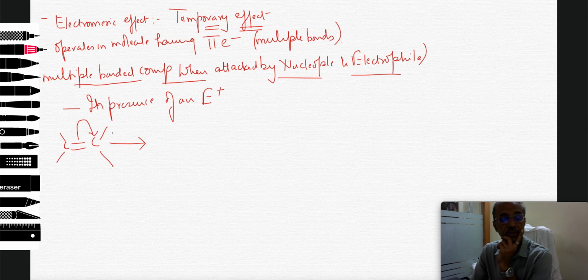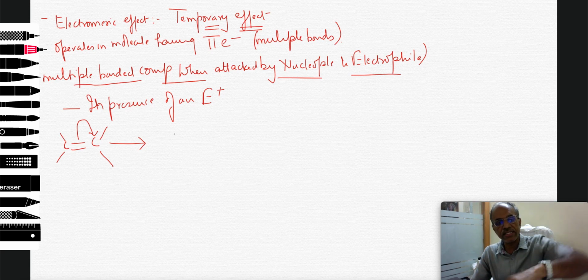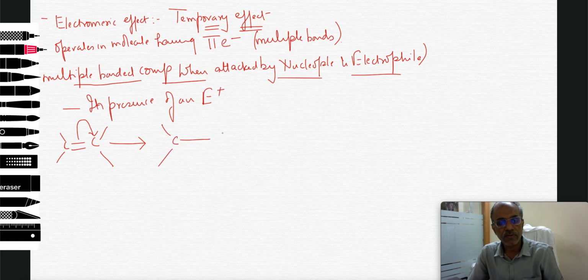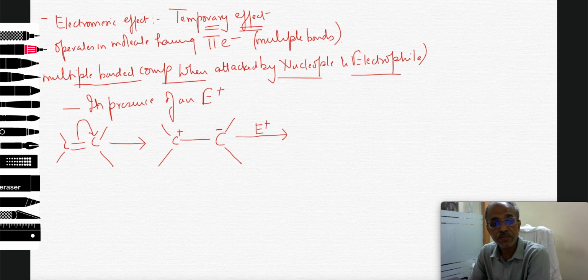The electrons shift on the carbon atom so as to make an adjustment where the electrophile can sit. Now this electron will go and sit here, so it will become negatively charged, and this will become positively charged.